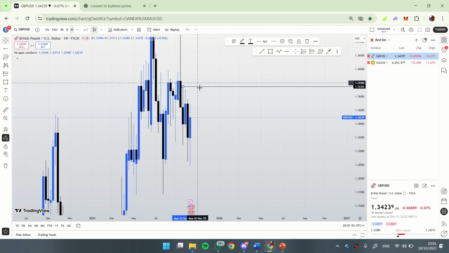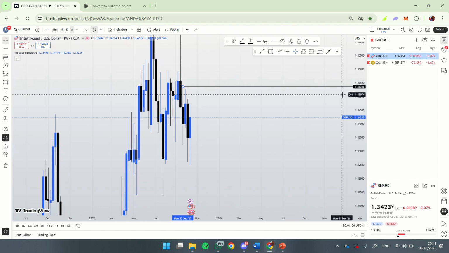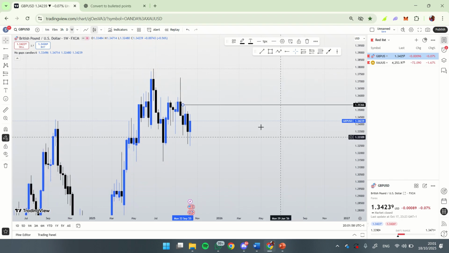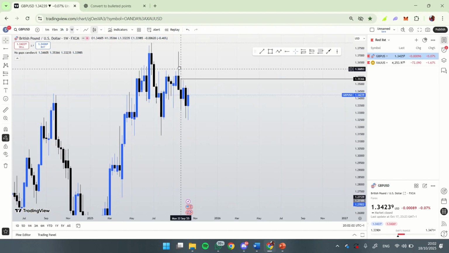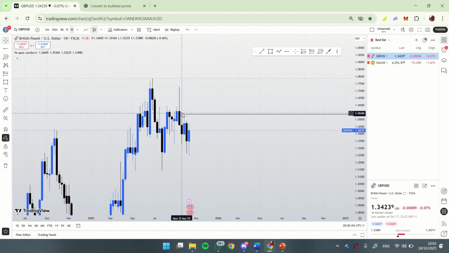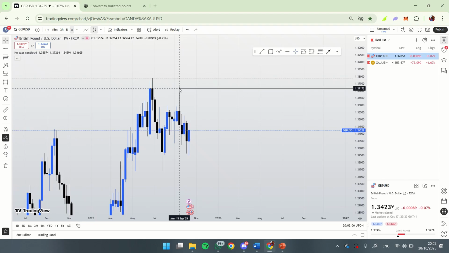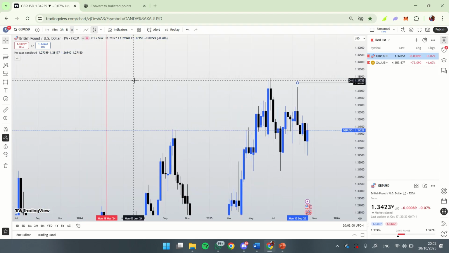So this is the high. This is my high. But if I'm going to mark that zone here, hmm, it is this high that brought that low. You know the story, right? This high brought this low.